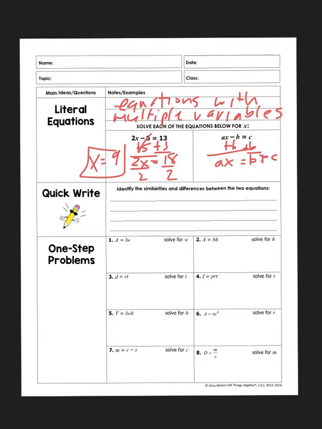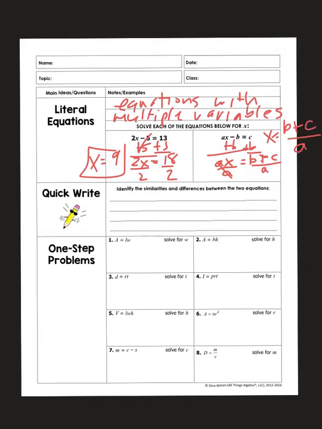Okay. Now I have to get rid of a, so I'm going to divide by a. And I don't get to pick what I divide into. I have to divide everything by a. So x is equal to b plus c divided by a.